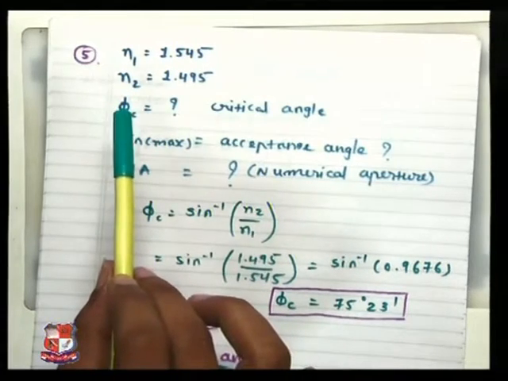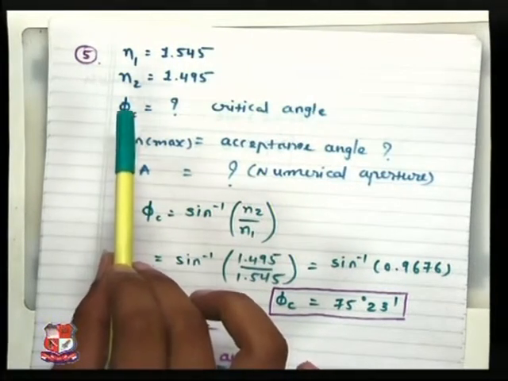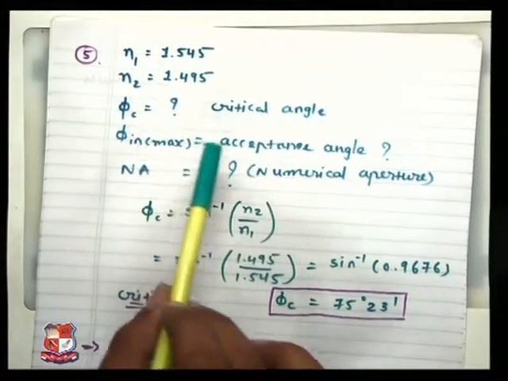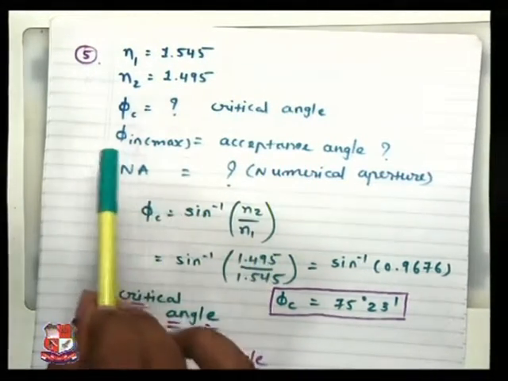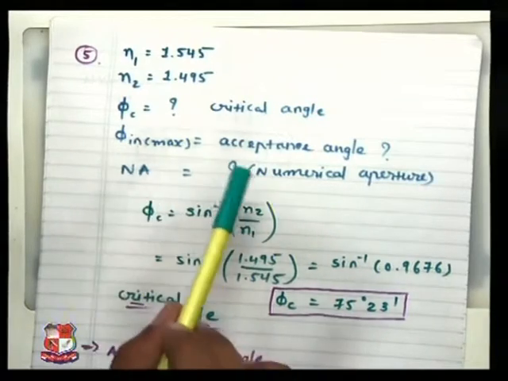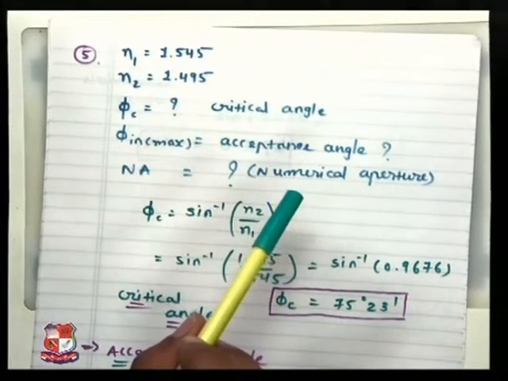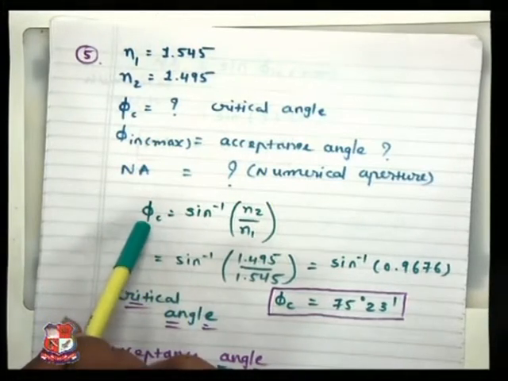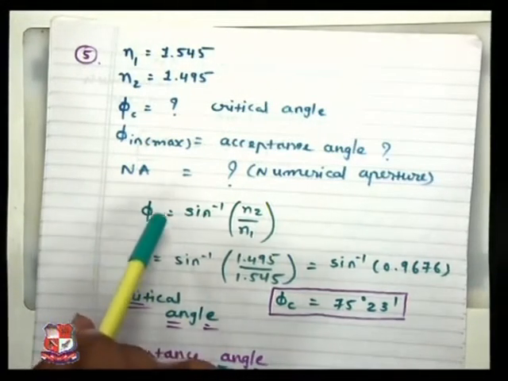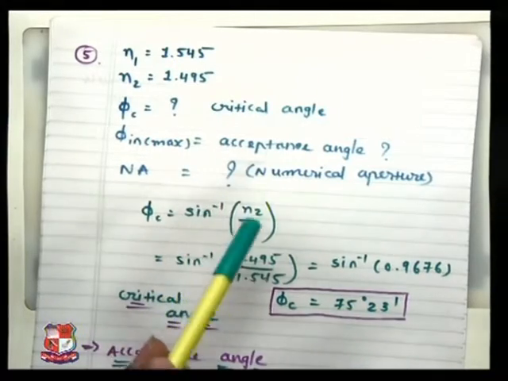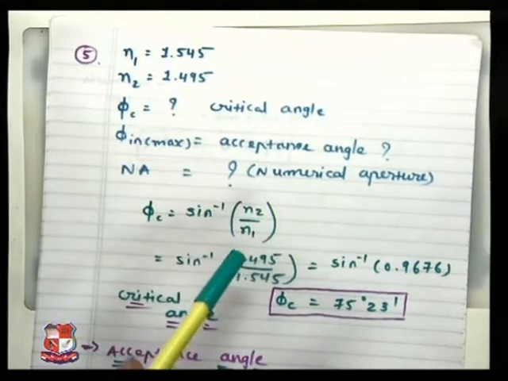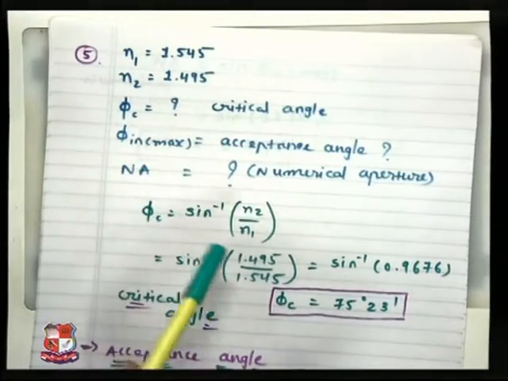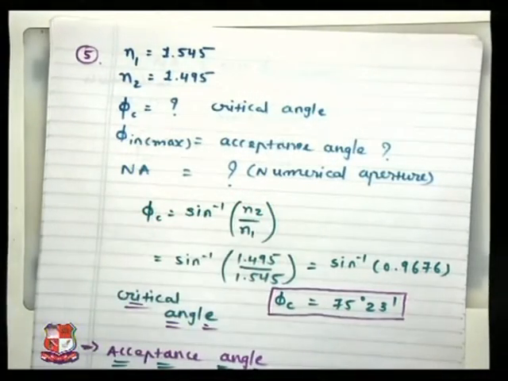The thing which we want to calculate is the critical angle, that is phi C. Phi in maximum represents the acceptance angle and NA, the numerical aperture. From Snell's law, we have derived the equation phi C is equal to sine inverse of eta 2 by eta 1. So from this equation, we can calculate the critical angle.